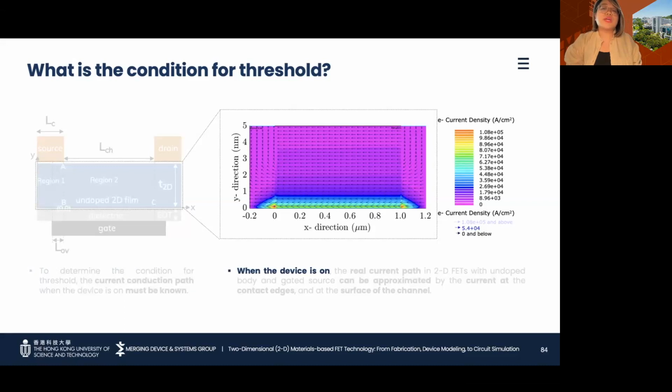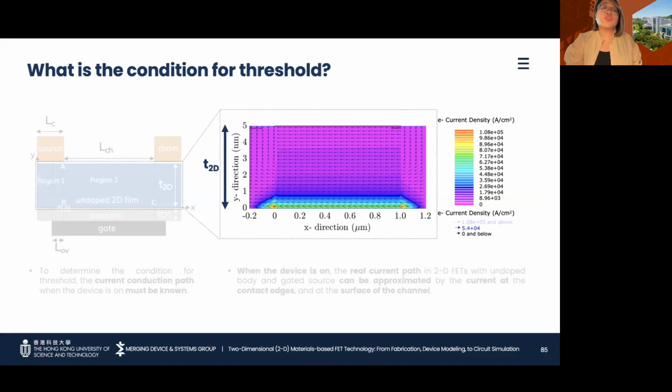So it should be noted that in our simulations, the thickness of the 2D film is selected considering a thickness where quantum confinement can be ignored, which is when there are at least 5 layers of 2D material films, but still thin enough for carriers to tunnel through.